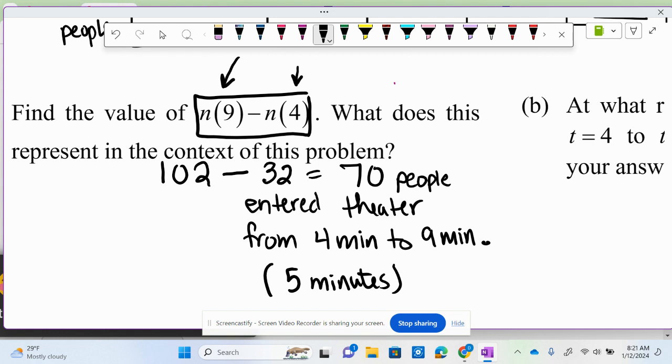Okay. So question B is going to ask us to think of this in terms of a rate of change.